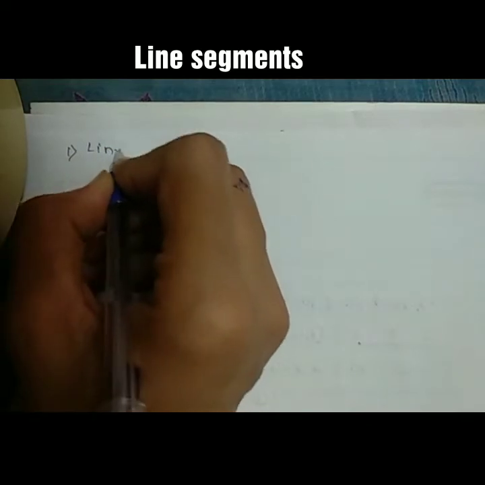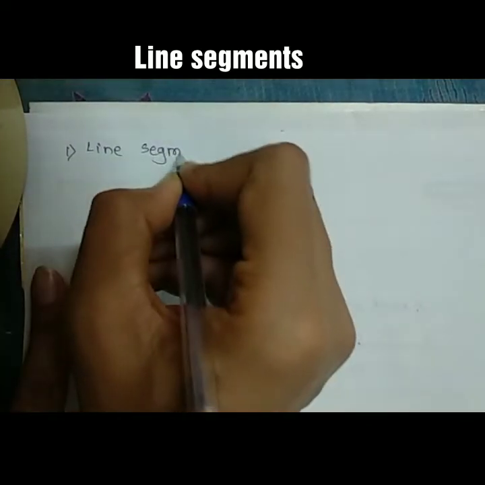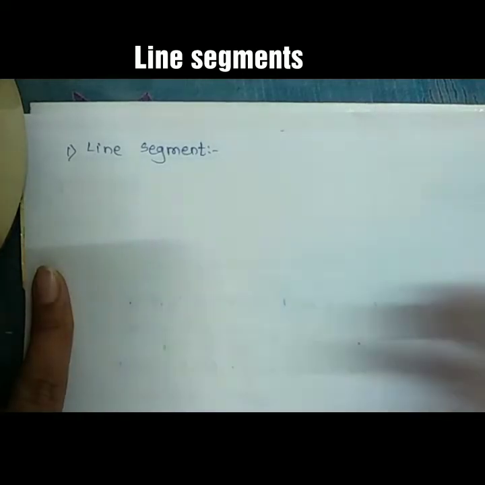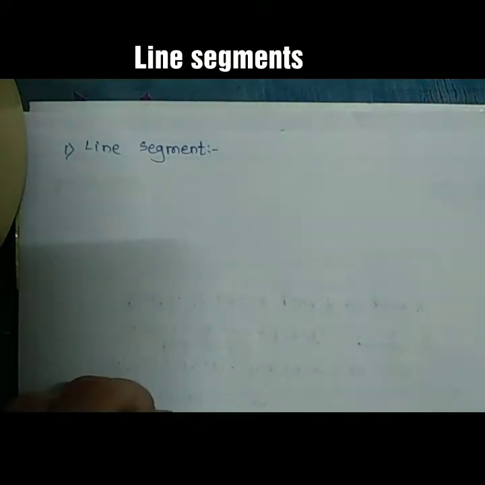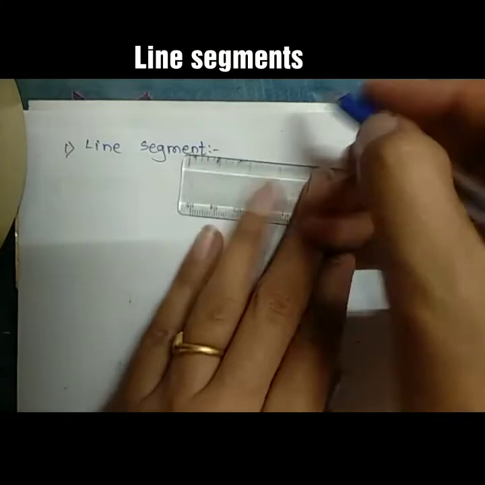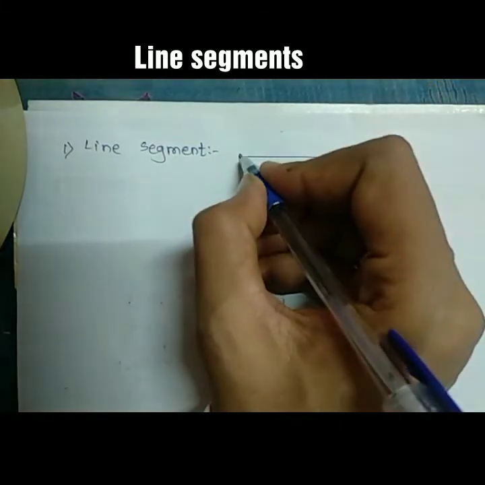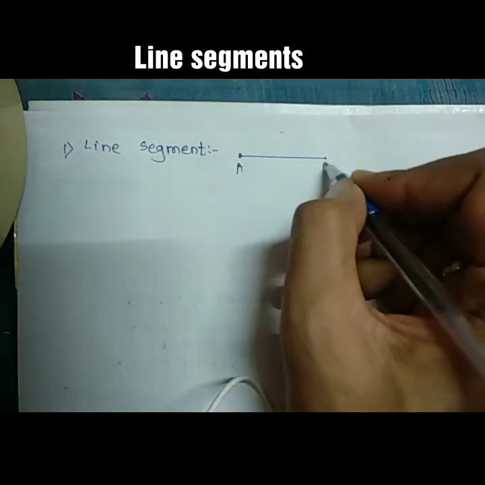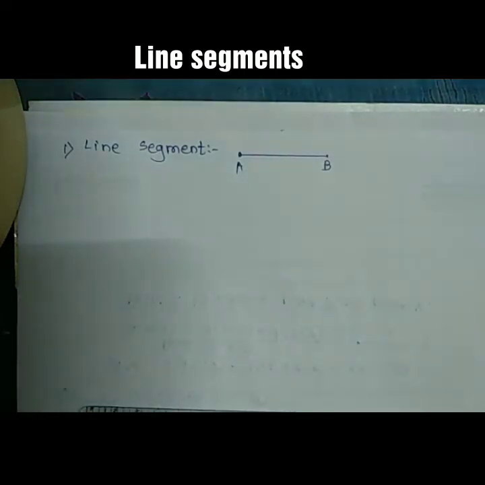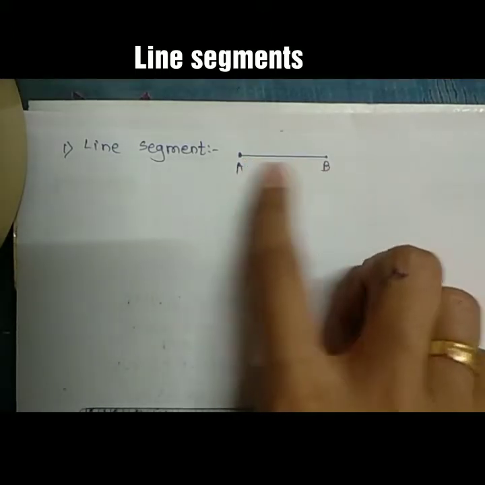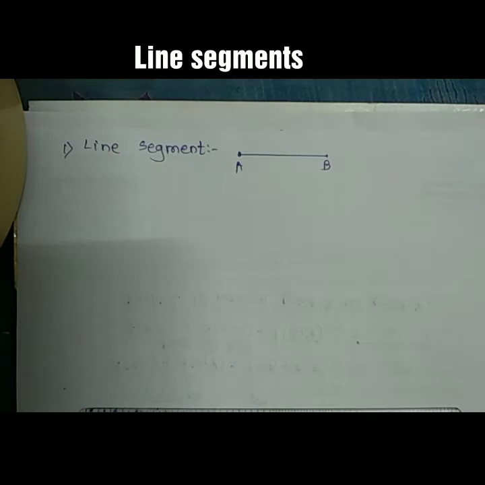First, a line segment. This is segment AB. The union set of point A, point B, and the points between A and B is called segment AB.